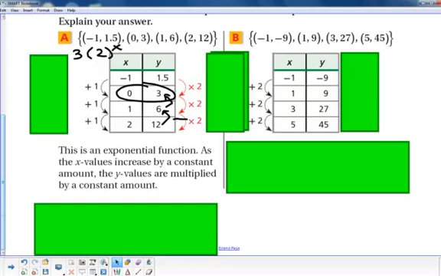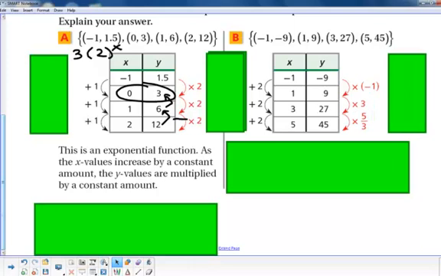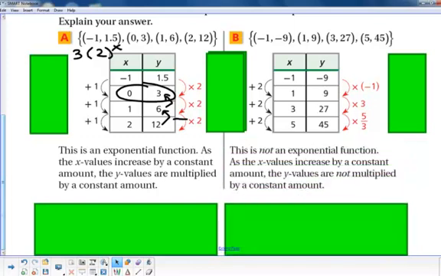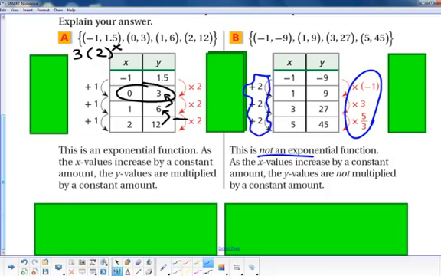Over here, as x is going up by 2, the y is changing not by the same multiple. So this is not exponential because these numbers are not the same. But this is a little tricky, so if you see that 2, you need to be alert.